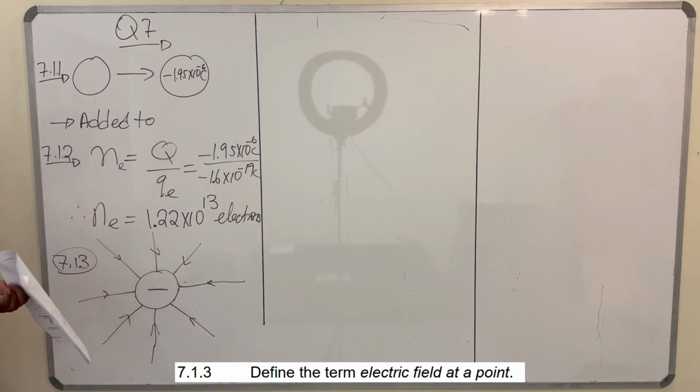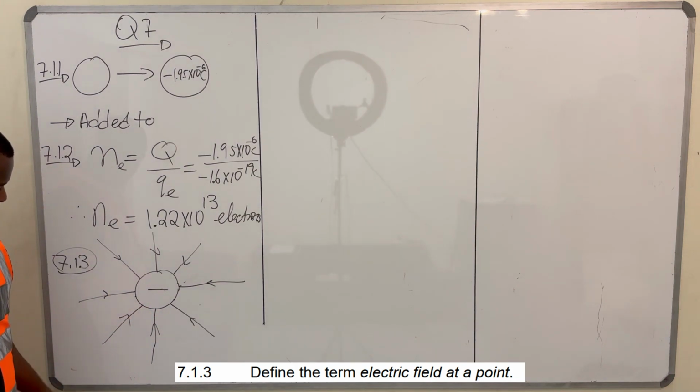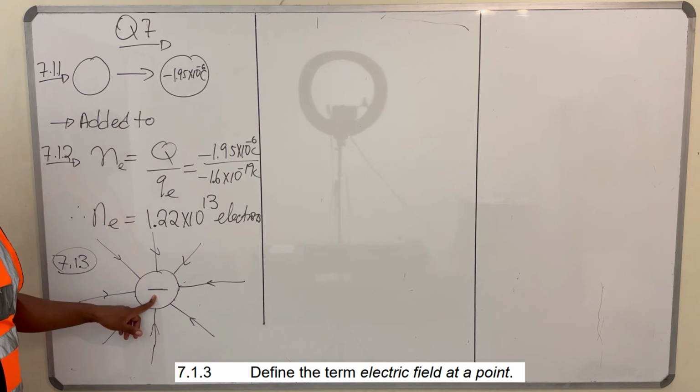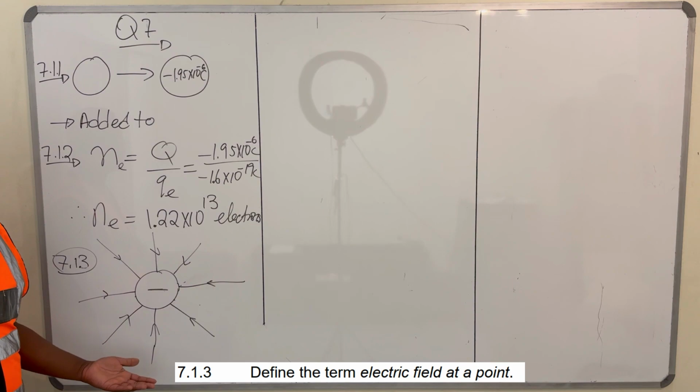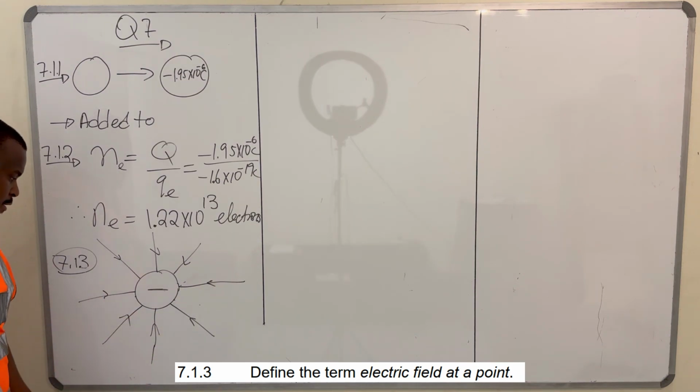I think it looks better now. So you have a negatively charged sphere. It can be positive, depending on what example you want to do. I'm just using this as an example to explain what I'm trying to say. So if you have a charged object, it generates an electric field around itself, which is what we're trying to define, right?